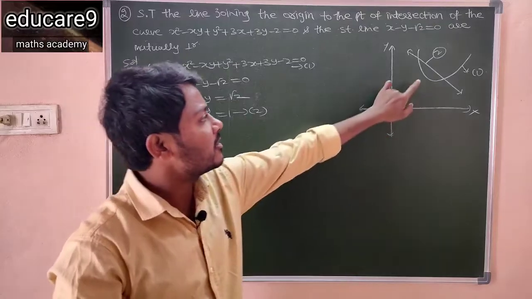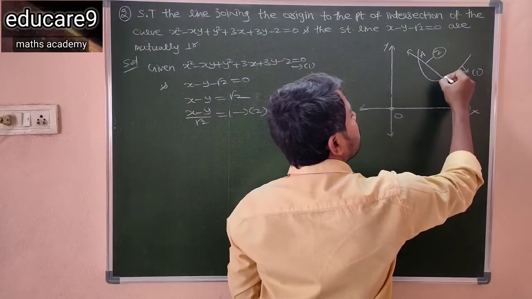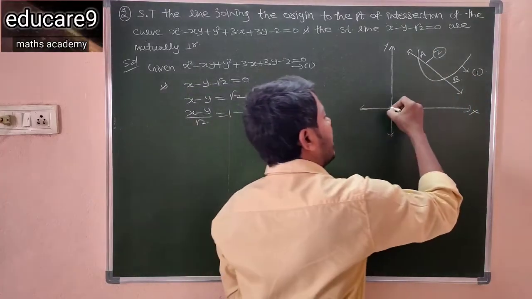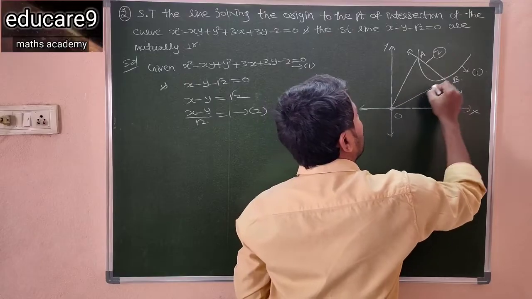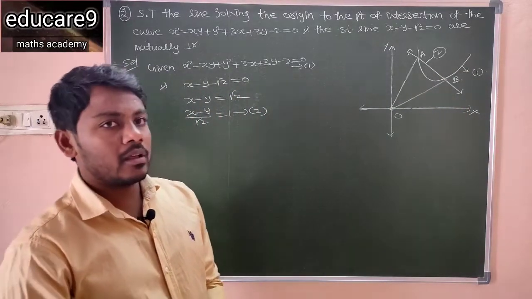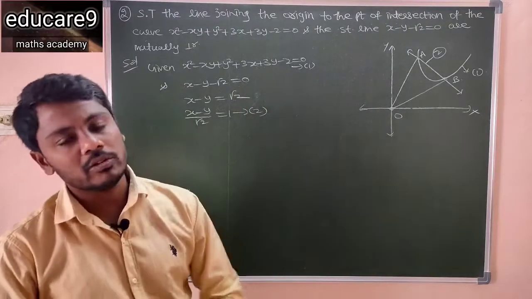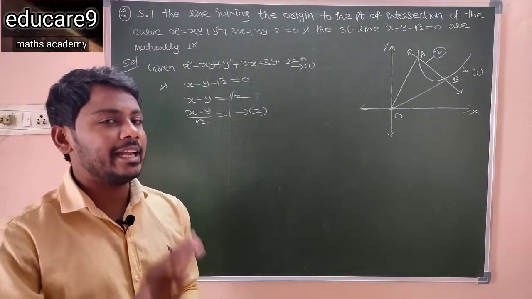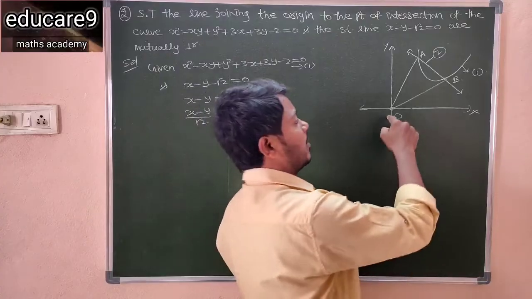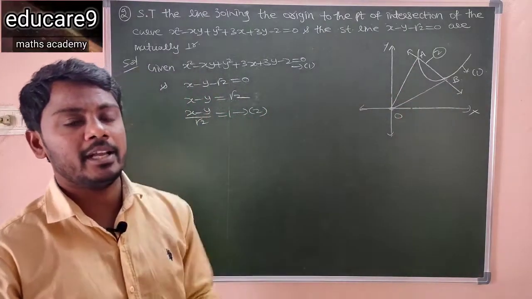Now suppose the points of intersection of the curve and line are A and B. Now join OA and OB. Therefore, homogenizing equation 1 with the help of equation 2, you will get a second degree homogeneous equation that represents two lines, namely OA and OB. Then you show that the two lines are perpendicular.